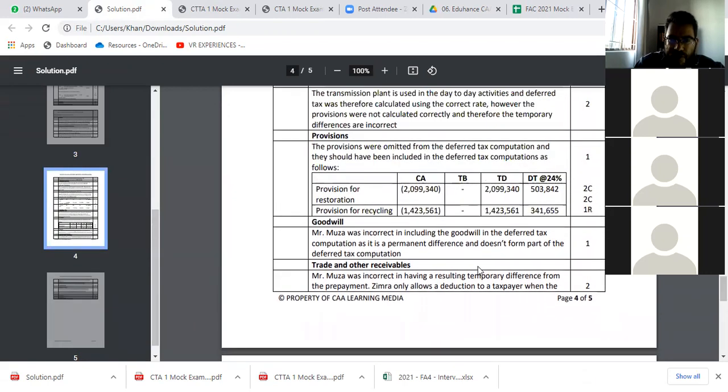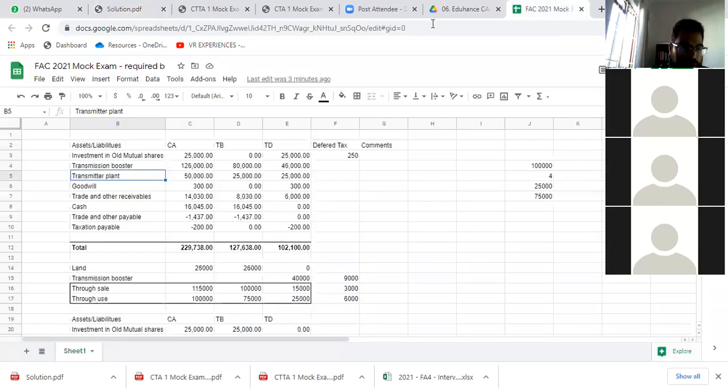Okay, so let's just have a look. So the provision would be as follows. This is how you'll do it. I'm going to do the provision separately so you can see.